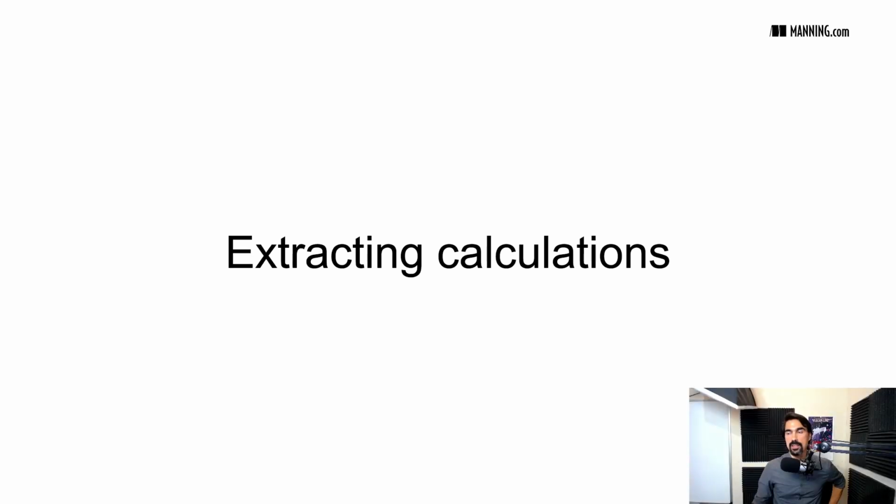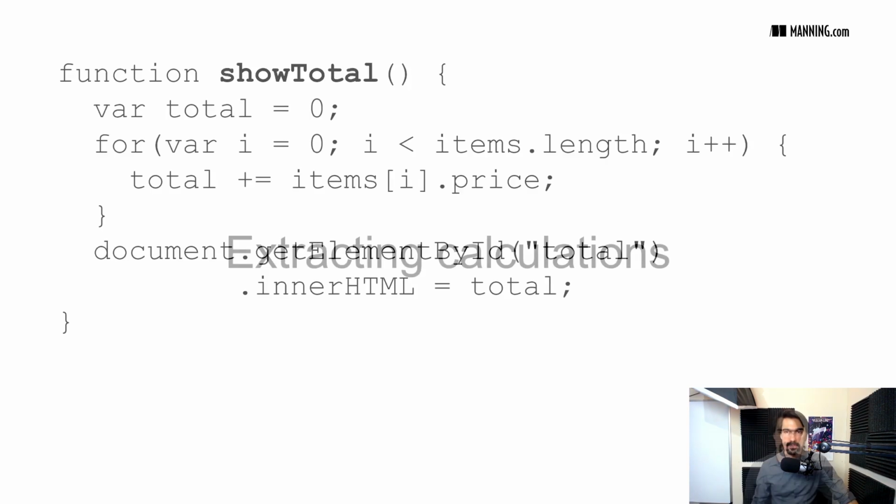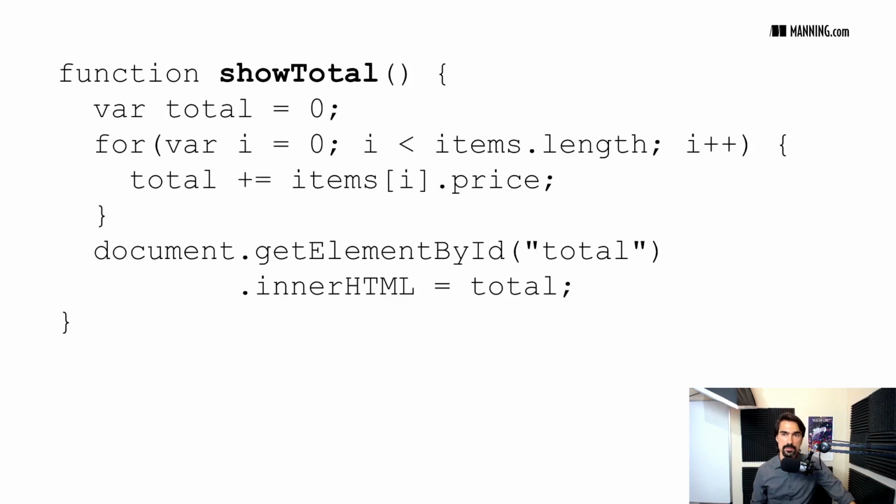First, let's talk about extracting calculations. This is a refactoring that will let us take some existing code that's a mixture of actions and calculations, maybe it's one big action, and extract out a piece of it that could be a calculation. So here's a function called showTotal.